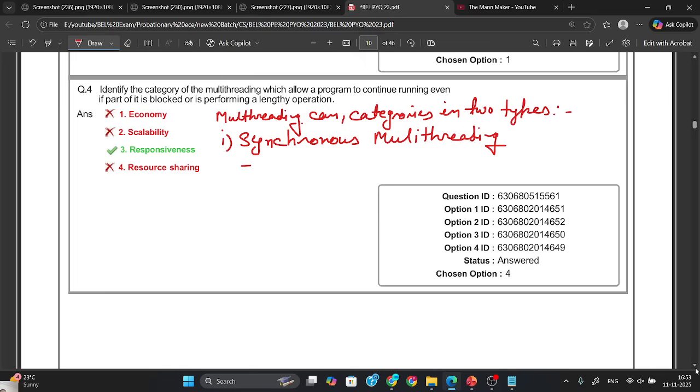In synchronous multi-threading, tasks run one after another and depend on each other.